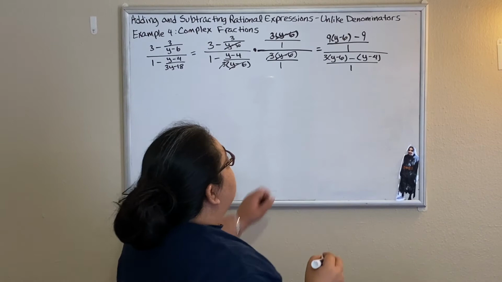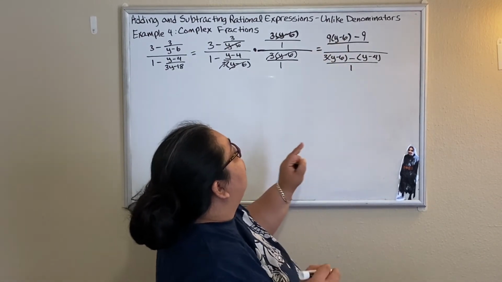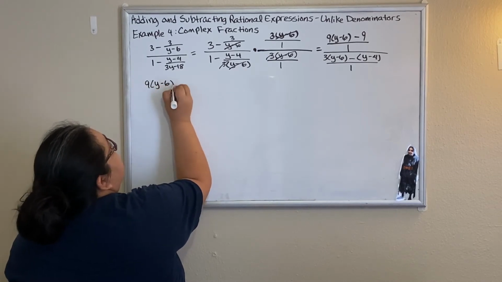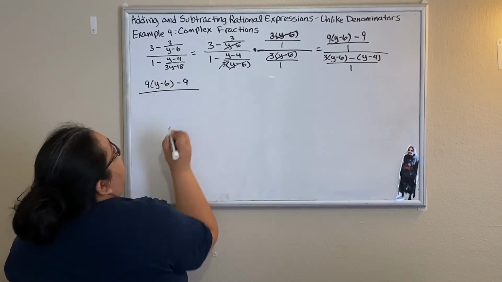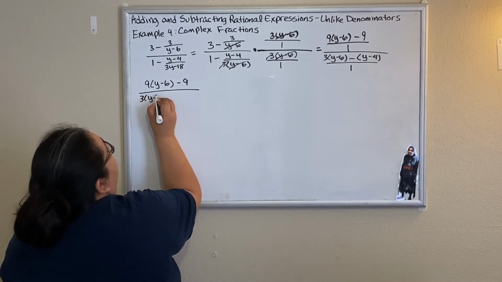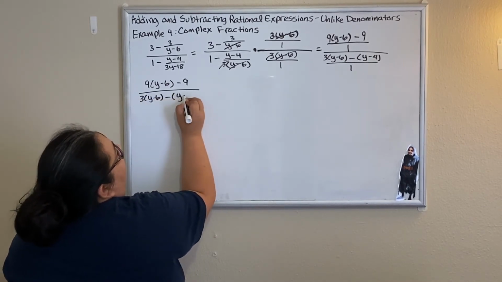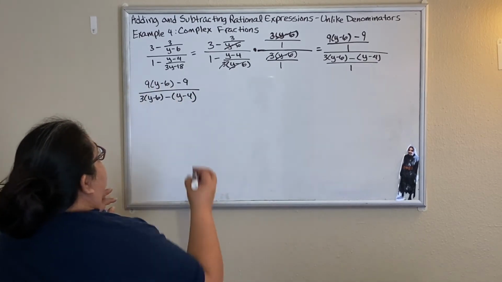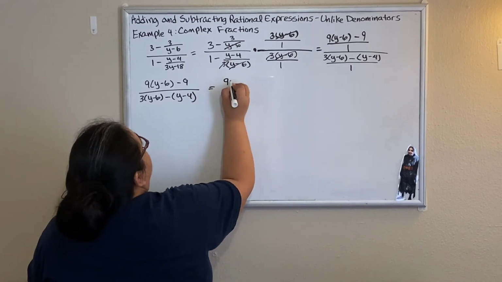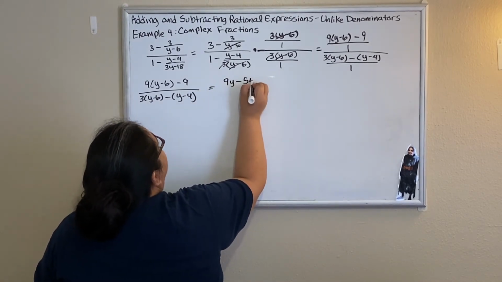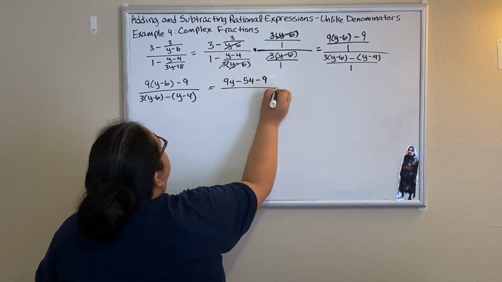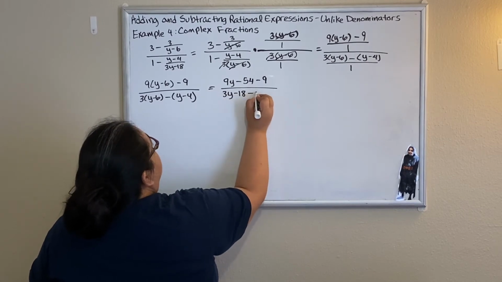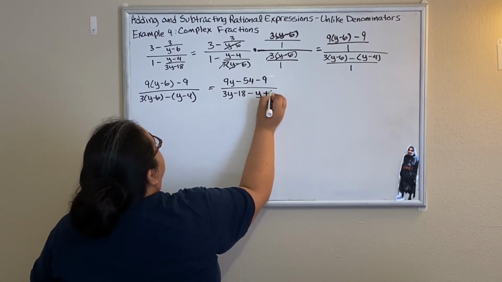So now let's clean this up. We don't really need to put these over 1. We can just say 9 times y minus 6 minus 9 and put that over 3 times y minus 6 minus y minus 4. So now we simplify. We're going to distribute. So we're going to have 9y minus 54 minus 9 over 3y minus 18 minus y plus 4.